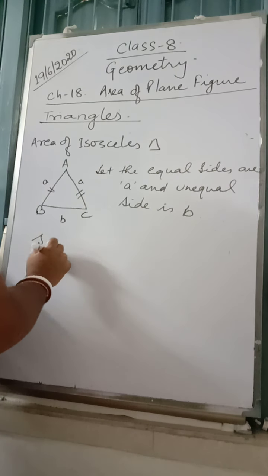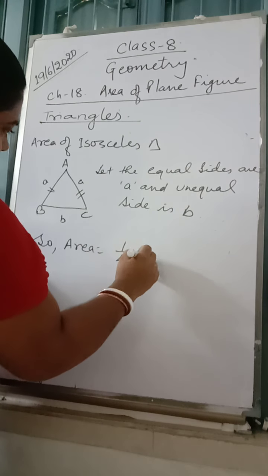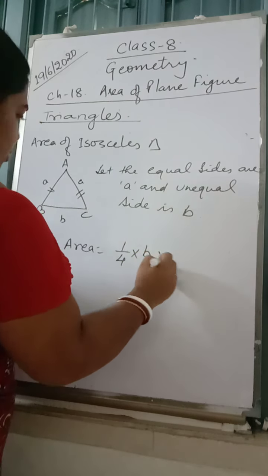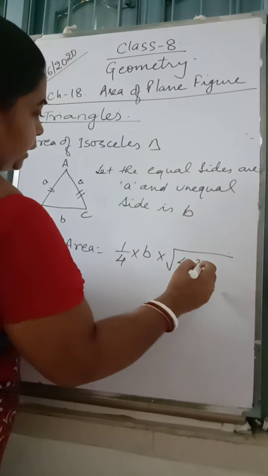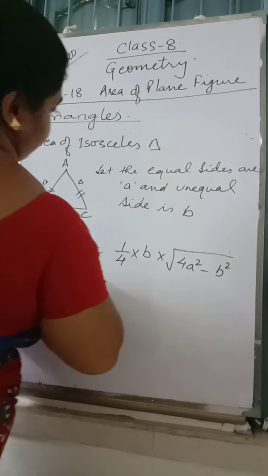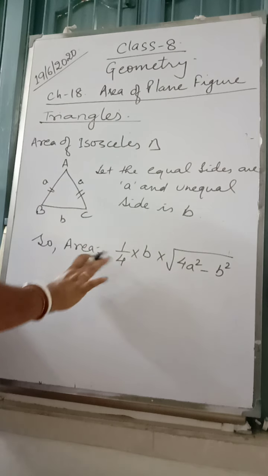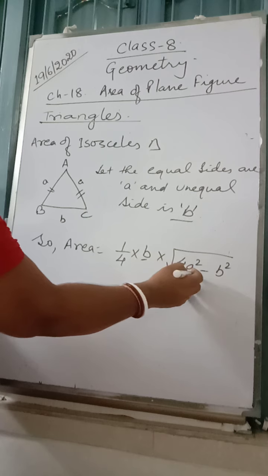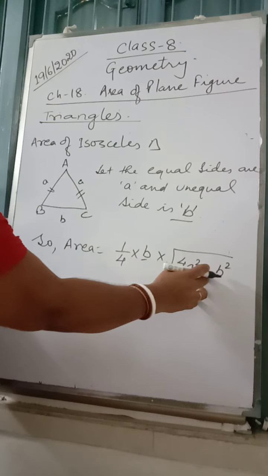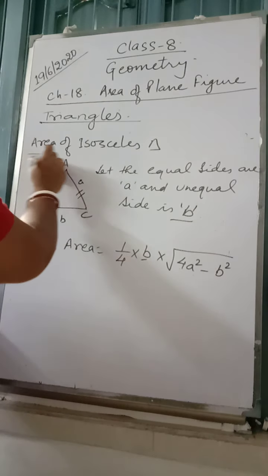So the area is 1 by 4 into unequal side into under root 4 into equal side square minus unequal side square. Where 1 by 4 is 1 by 4, b is the unequal side, 4 is 4, a square is the equal side square minus b square, the unequal side square. This is the area for an isosceles triangle.